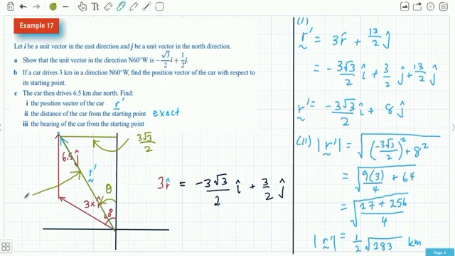So we can do that as a half root 283. We also know this distance here, because this distance is this part, which we know is 3 over 2. That's the j component of this vector here, the 3r vector, plus the 6.5. And we know from our vector here what r dash is, 6.5, which was 13 on 2.